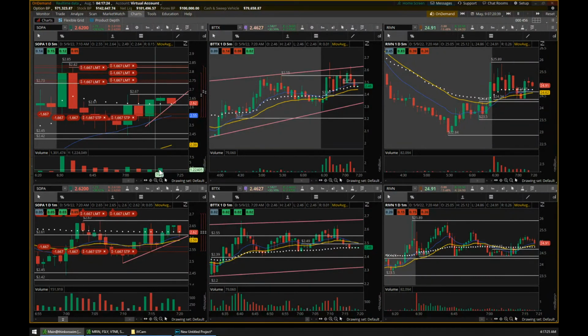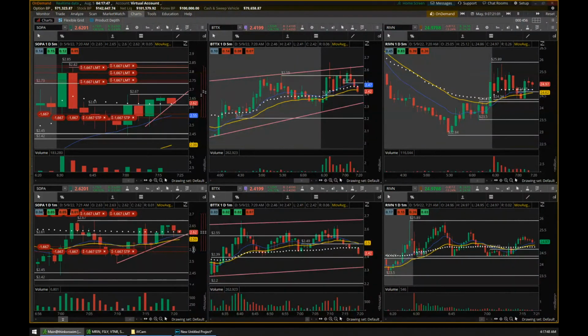I like this volume that's picking up right here. Increasing volume on this move. So, maybe I should have waited for it to come back to that line. But if this thing's strong and if it's going to go, a lot of times these stocks, there are quite a few people buying, and so they won't actually make it to the line.